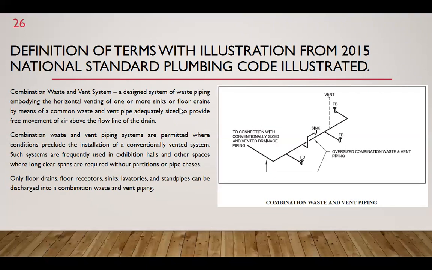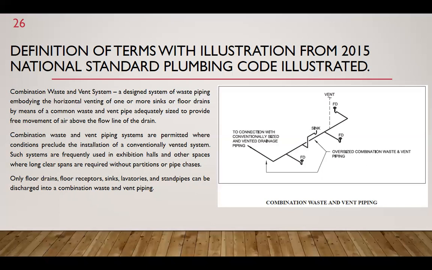Tignan mo yung figure. A design system of waste piping embodying the horizontal building of one or more sink or floor drains by means of a common waste and bend pipe adequately sized to provide free movement of air above the floor line of the drain. Combination waste and bend piping system are permitted where conditions preclude the installation of a conventionally fitted system.